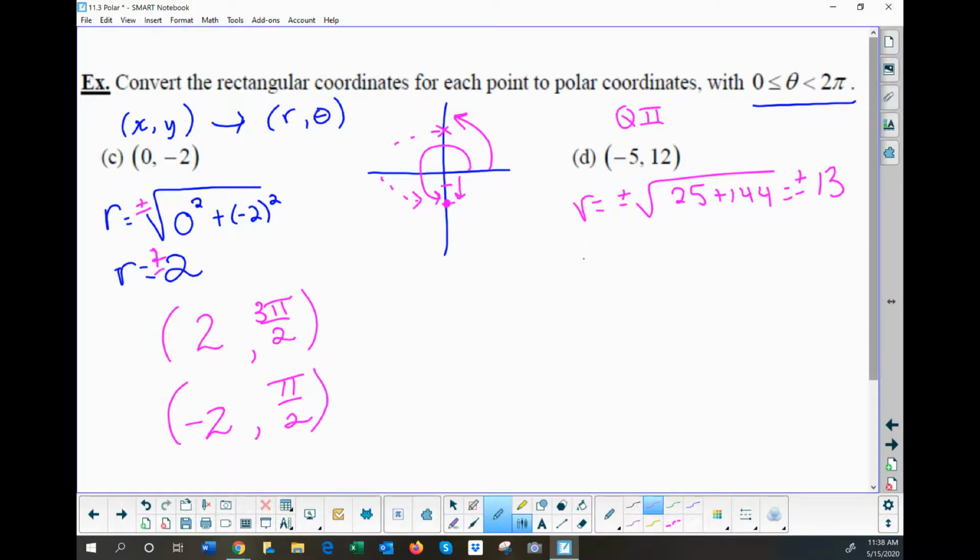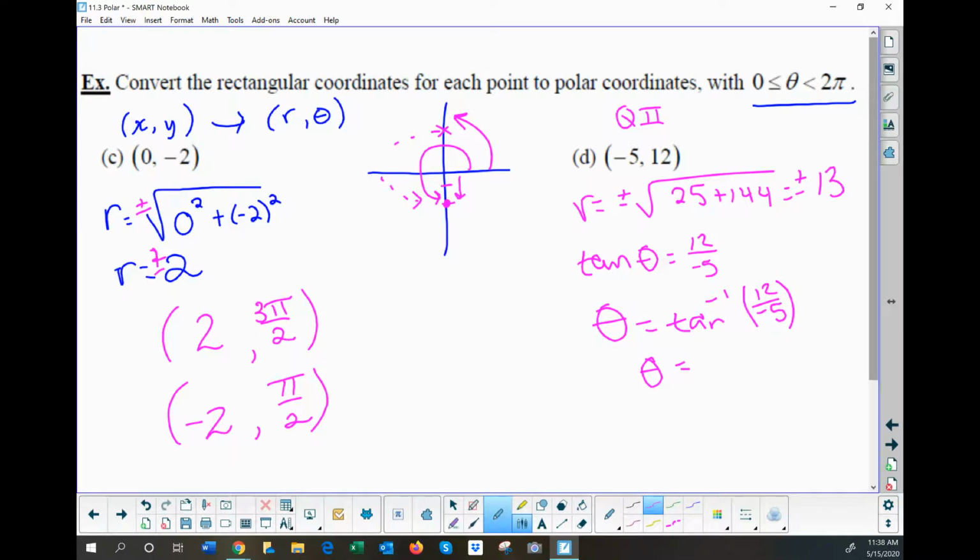Now, angle measure, tan theta equals y over x. And that's one that I don't recognize. So I would get my calculator out and I would do a little tan inverse of 12 over negative 5. And that tan inverse comes out to be a theta.